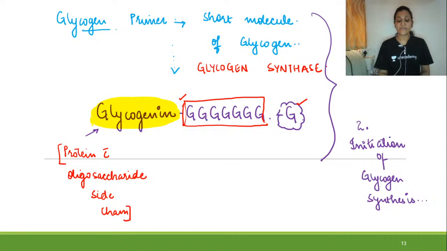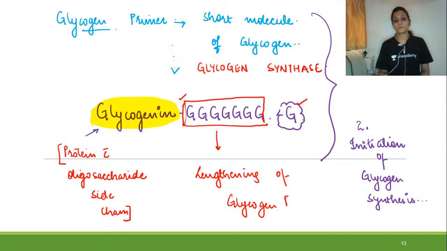There is addition of one glucose by UDP glucose, so there is lengthening of the glycogen primer or glycogenin.